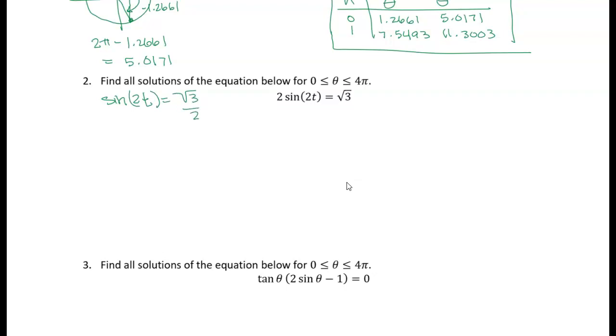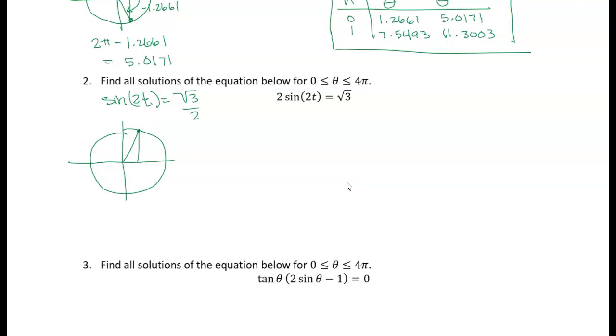Okay. Now, if we look at that on the unit circle, we can find some values where the sine is square root 3 over 2. So square root 3 over 2 is that distance above the x-axis, because the sine is the y value, the distance above the x-axis.